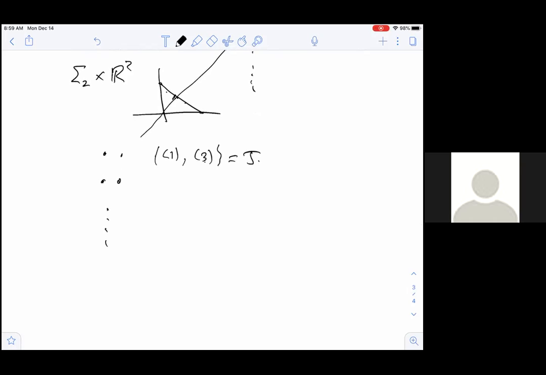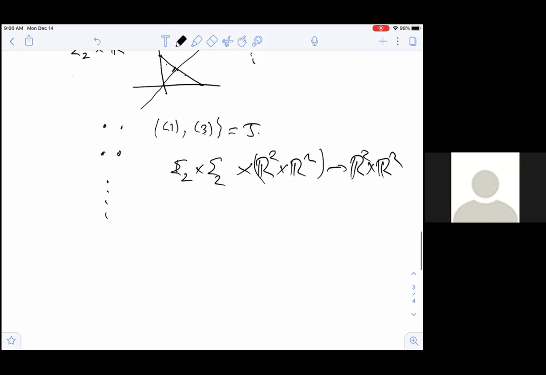And here we simply get sigma 2 cross sigma 2 acting on R2 cross R2, and then everything else is trivial. So this is just the product of this stratification with one in the other direction.